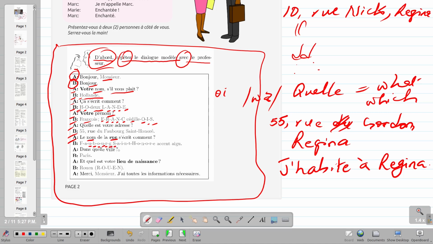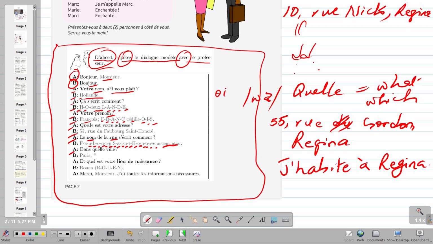S majuscule, A-I-N-T. Saint. H majuscule, O-N-O-R-E accent aigu. Honoré. So, 55 rue du Faubourg Saint-Honoré.